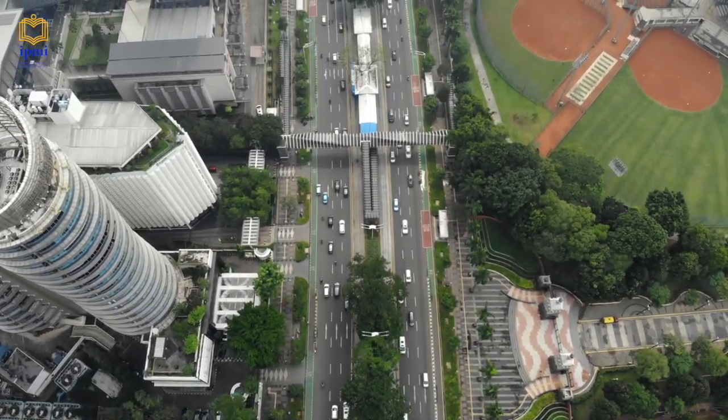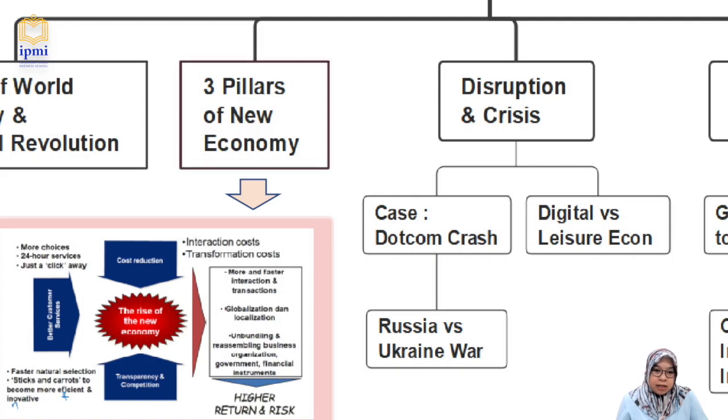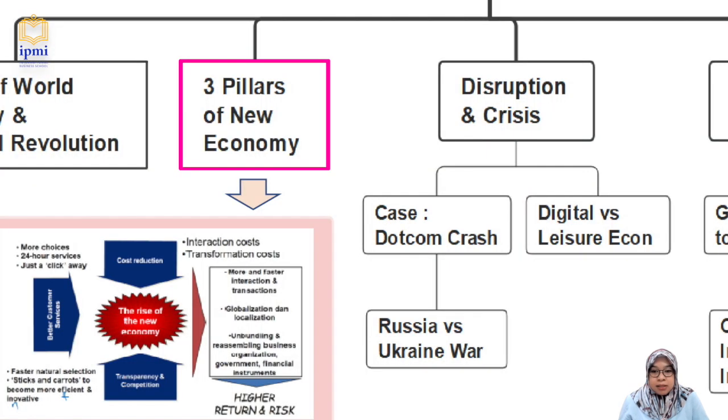So, the next is about the new economic three pillars, which are innovation, globalization, and sustainability. Globalization connects organizations and individuals across boundaries, while innovation fosters growth by producing new products and services. Sustainability guarantees that economic growth occurs while the environment is protected.